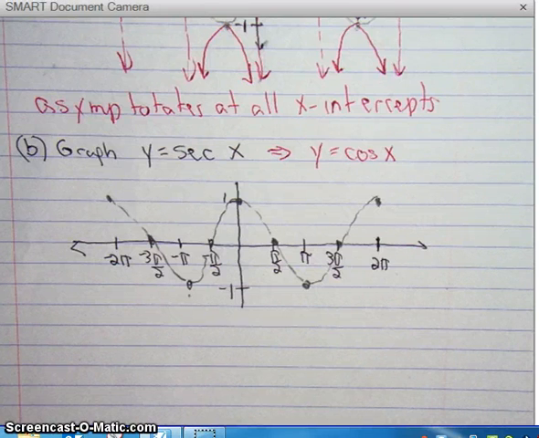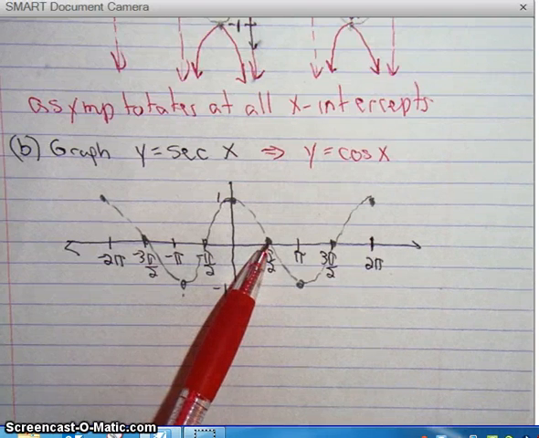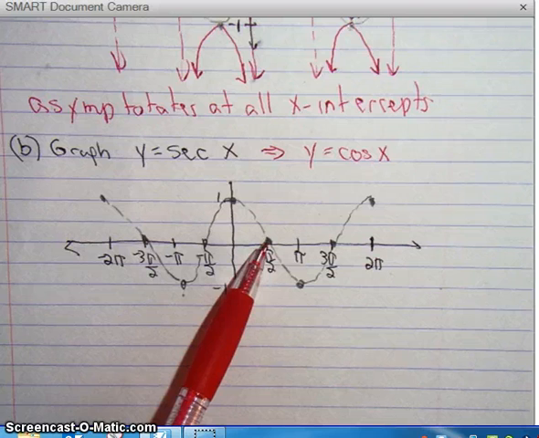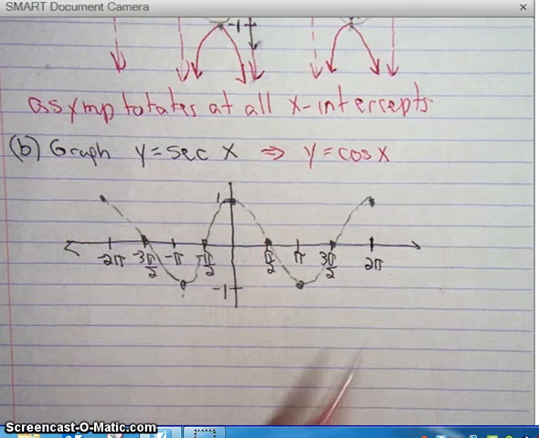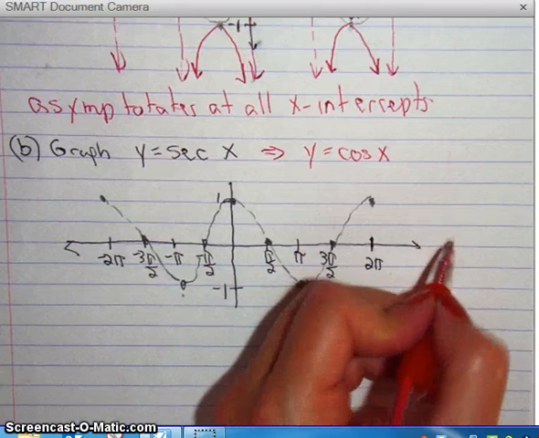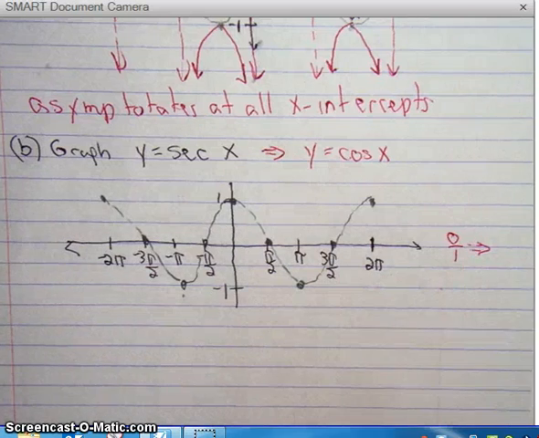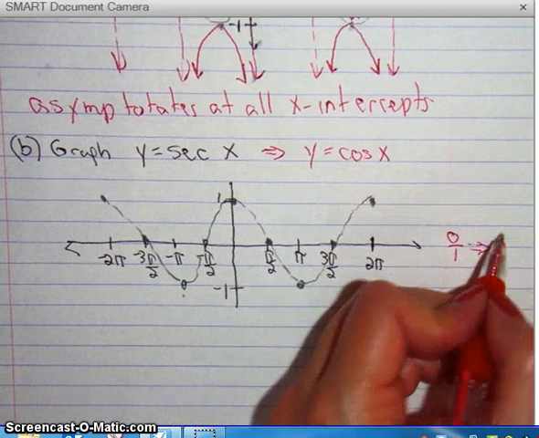Okay, and Joel, can you consult your unit circle and tell me at pi over 2, what is cosine at pi over 2? 0. And Joel, when we reciprocal that, because we're doing the reciprocal function, what do we get?